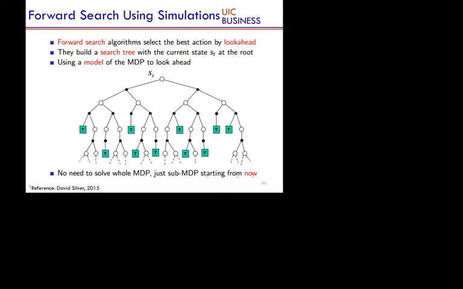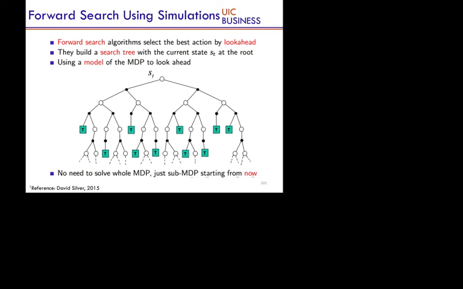A search tree is nothing but you start at the current state as root, and then, if I take action A1, where will I end up? Maybe I'll end up in these locations. If I take action A2, I end up in these locations, and you just expand the tree. You can just keep expanding until you terminate, in the sense somebody wins or loses or something like that, right? So that's the search tree.